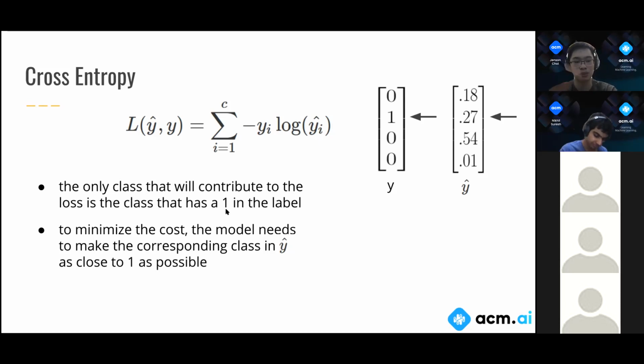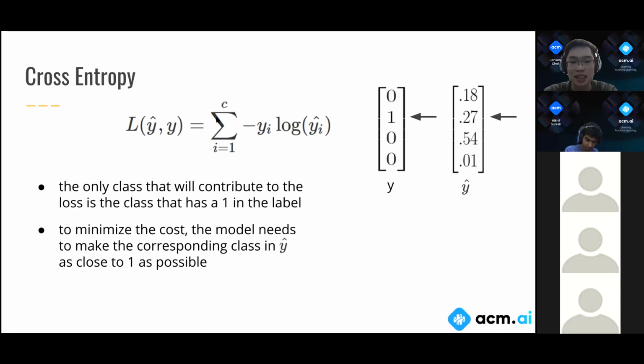What that means in the context of classification is, if your model predicts correctly with high certainty, then the cost is going to be minimal. Whereas if you predict the wrong class with high certainty, then your cost is going to be really high, because the negative of the log of something close to 0 is close to infinity.